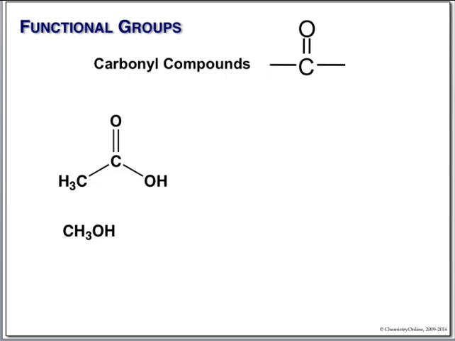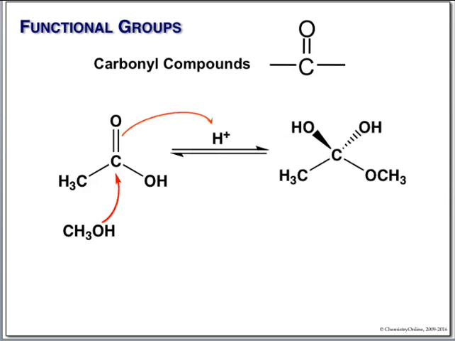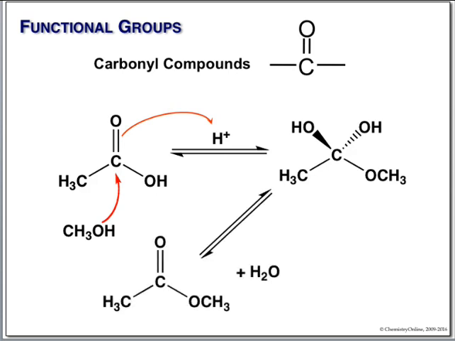Let's pretend that we have this. Again, this is being pulled up. Oxygen can attack. Electrons go up, pick up a hydrogen, and we get addition. In this particular molecule, we could lose one of these hydrogens, kick it out as water, and we make an ester, a different functional group.